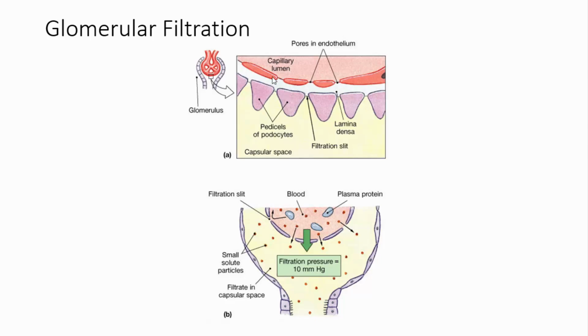Those sit on top of the capillaries. And so we have little pores within the capillaries. And this is where the filtrate is going to be pushed through these pores, through the filtration slits, and then into Bowman's capsule. And the filtration pressure is about 10 millimeters of mercury.